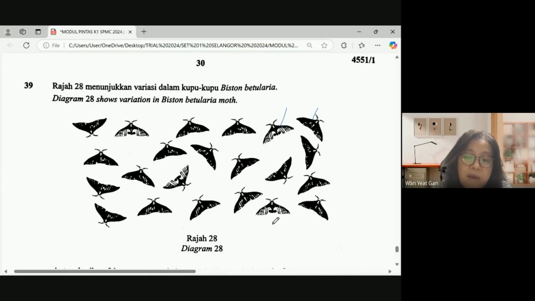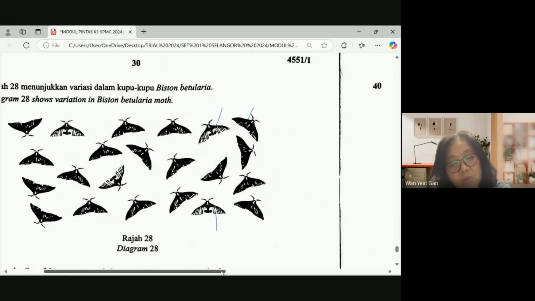And when the environment is clean, no pollution, then the Biston betularia that is gray in color will be more compared to the dark, because the gray camouflages with the surrounding.